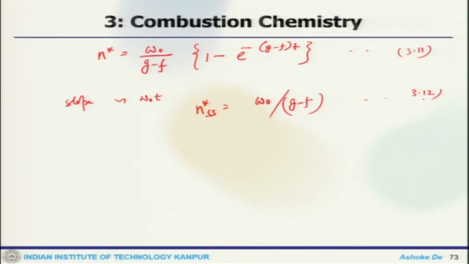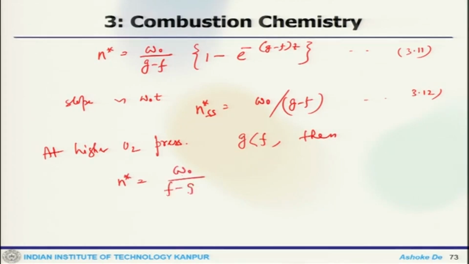At higher O2 pressure, G is less than F. So, then the solution is n star equals W naught by F minus G times exponential F minus G T minus 1, which is 3.13.